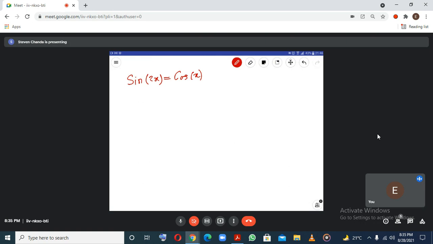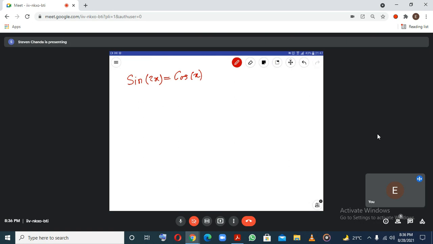Remember, there was one time where I said the reason why we went through the identities before we could start the equations. There are certain equations where, for you to answer them, you have to use certain identities. So that's why I first wanted us to do the identities.